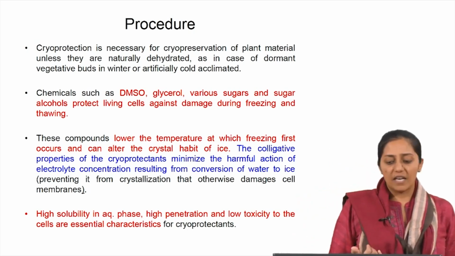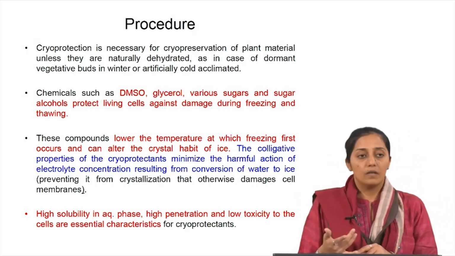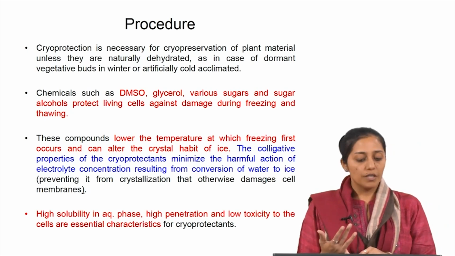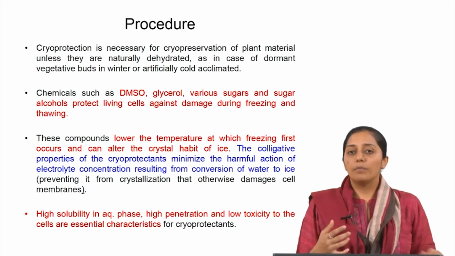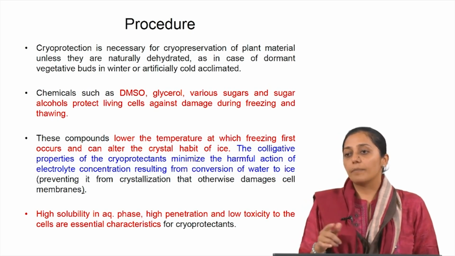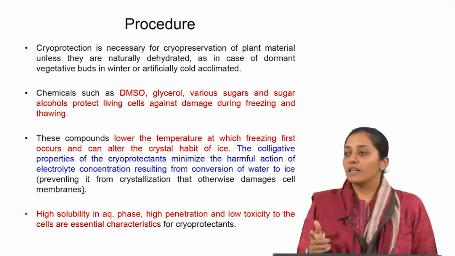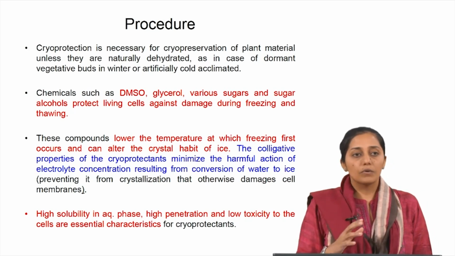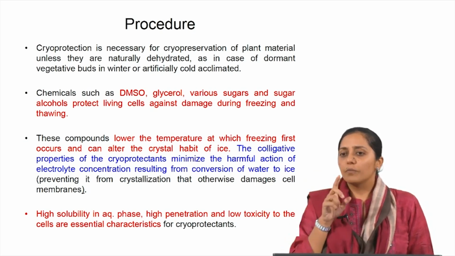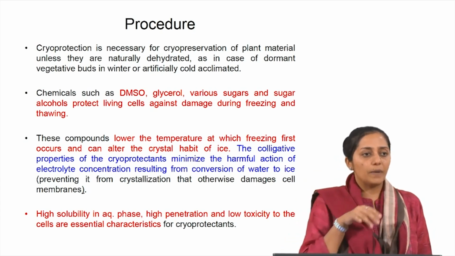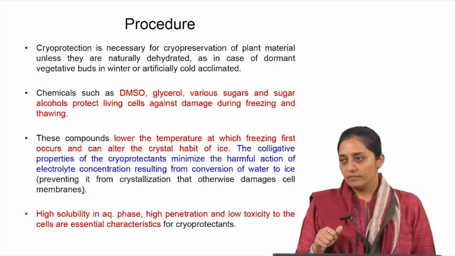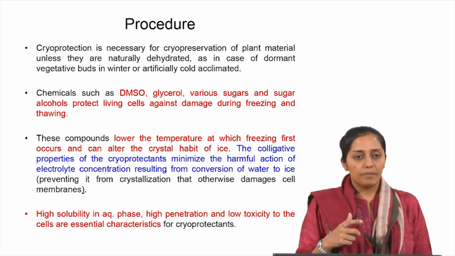So chemicals such as DMSO, which we use in vitro, glycerols, various sugars, and sugar alcohols help by protecting the living cells against damage under sub-freezing conditions. Now the question arises, how do they protect? These compounds do what? You must have heard during your 10th-12th standard about the lowering of freezing temperatures. How does it happen?